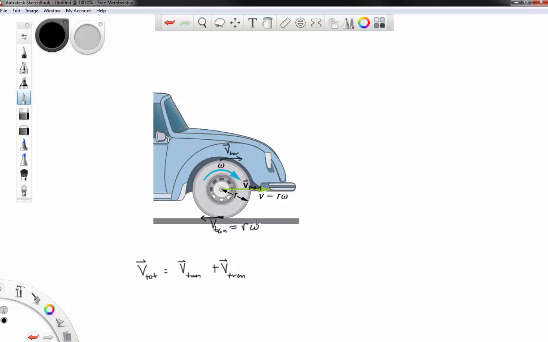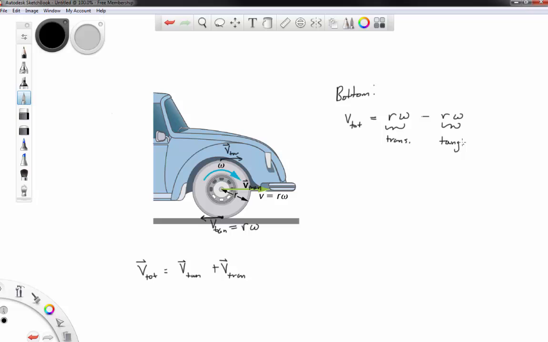Okay, we already established that on a previous slide. So what you'd end up with for the bottom of the car is that the total speed would look like r times omega, and this is from the translation, minus r omega from the tangential.